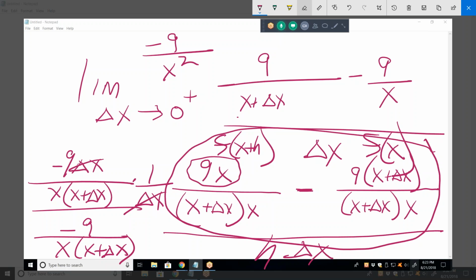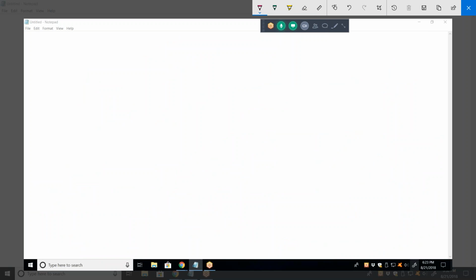In fact, let's do one real quick. If I want the limit of 1 over x... hold on a second. For some reason I got confused here.